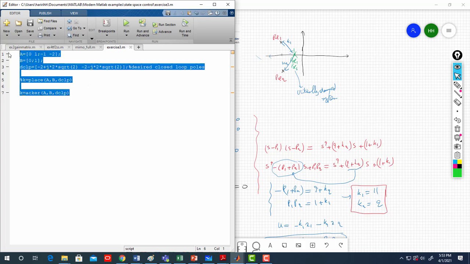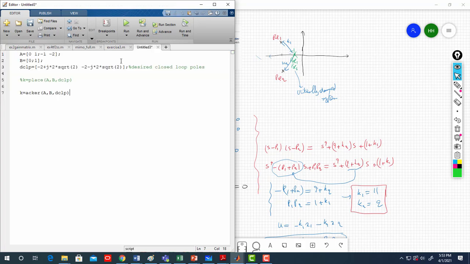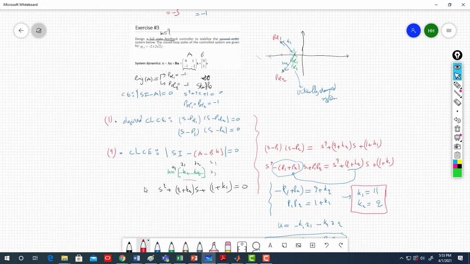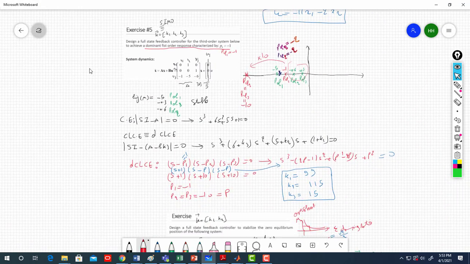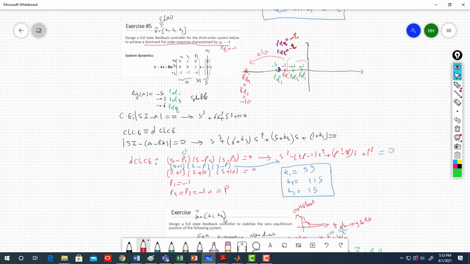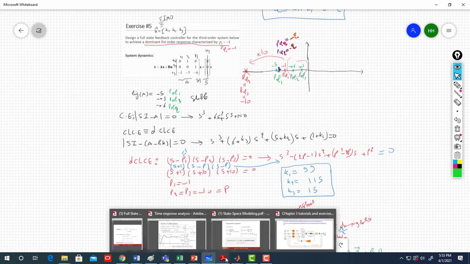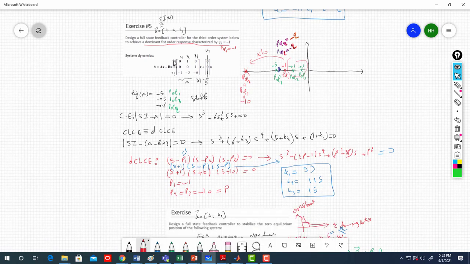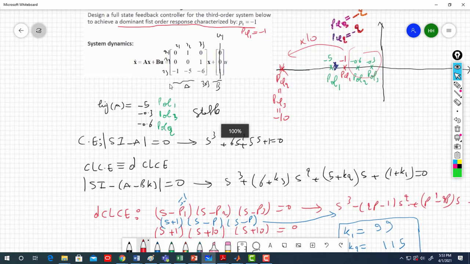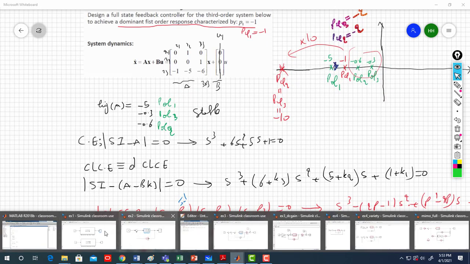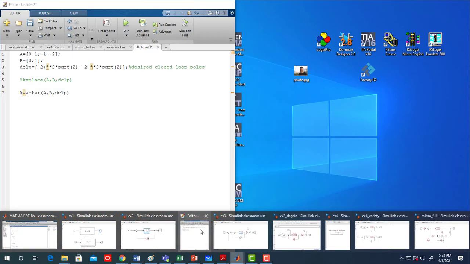So let's do the exercise just after, which is this exercise. Again, in this exercise, A is the following. Let's have your script file.